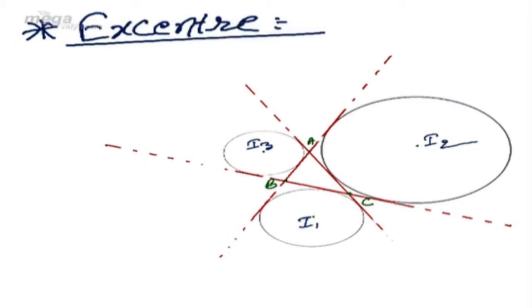You have to find the coordinates of these three excenters when the vertices of the triangle are given. Suppose this is the first vertex A, whose coordinate is x1, y1. This is B, the second vertex, x2, y2, and this is the third vertex, x3, y3. Now in this case, what will be the coordinates of the excenters I1, I2 and I3?